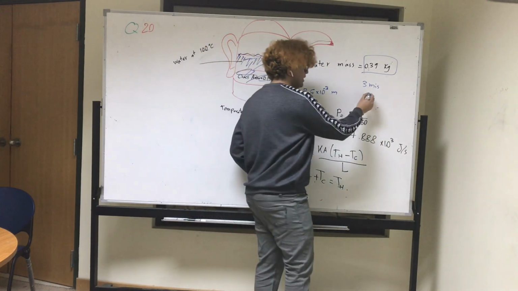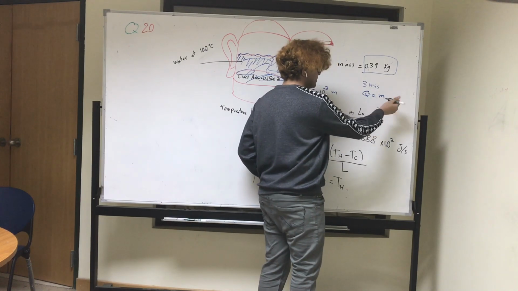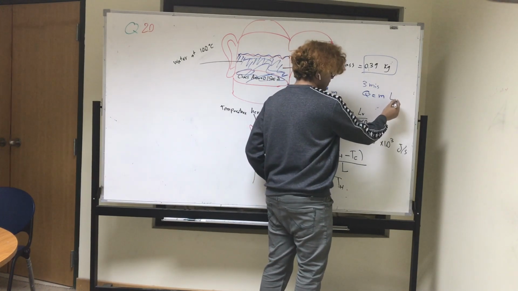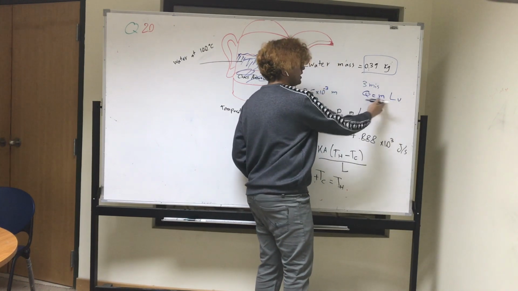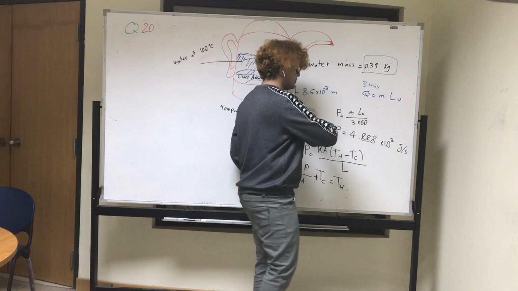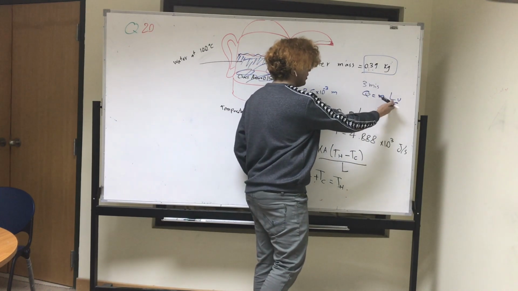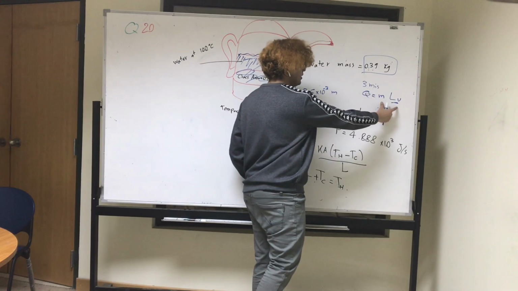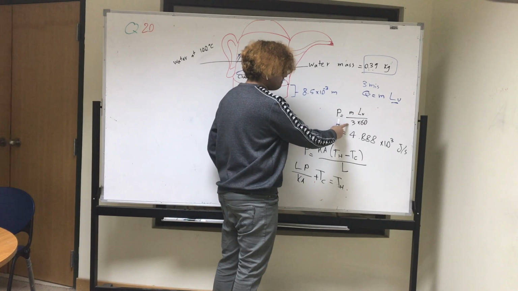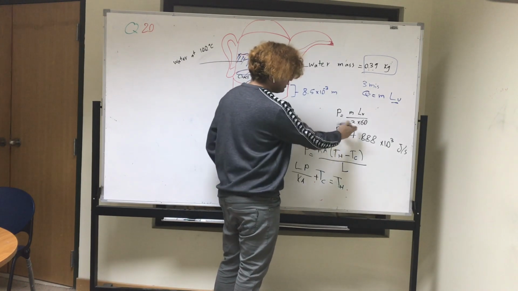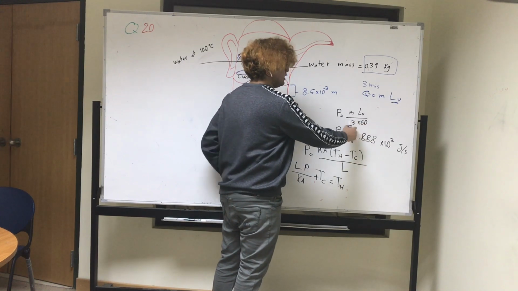We know that the energy it takes to evaporate a specific mass of water is equal to the latent heat of evaporation of water times the mass. So we have the mass, and we know the latent heat of evaporation, and we can multiply these together and divide that by 3 times 60, which is 3 minutes in seconds.